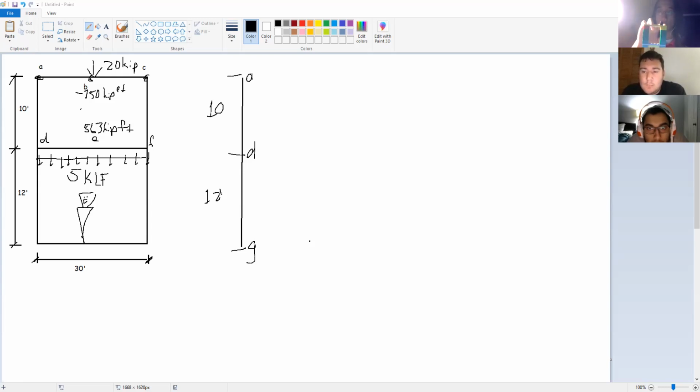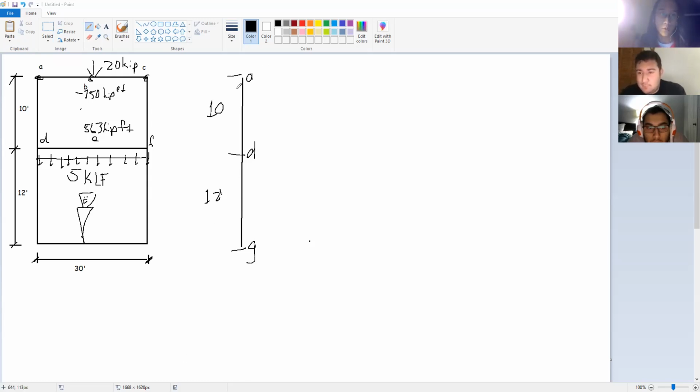See how more of the force is on this column than on this column? More of the force is on one side than the other. Right in the middle, forces are equal.